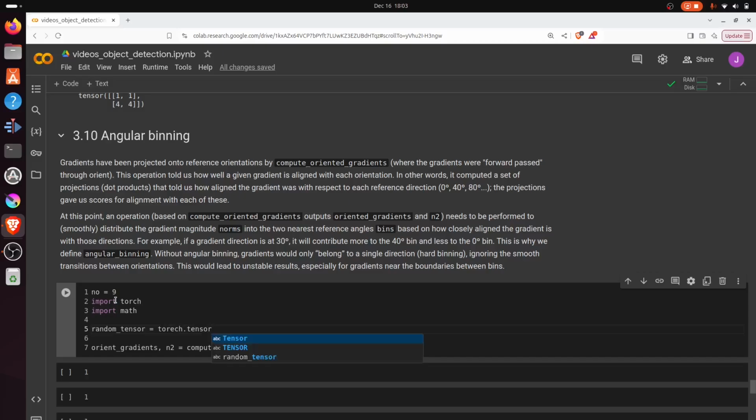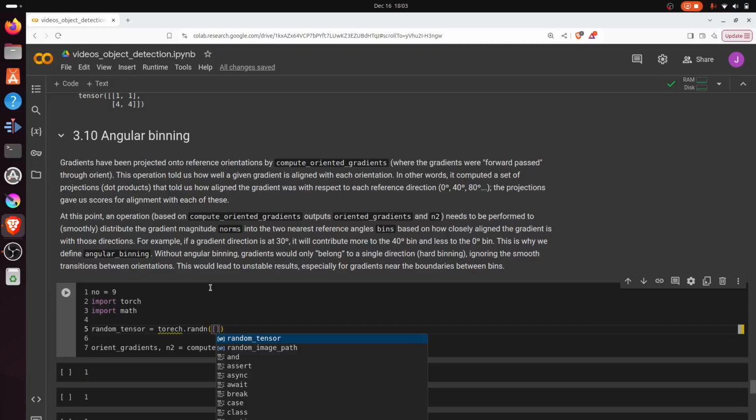We can call torch dot random, and remember that we are dealing with a 4D tensor, and with 3 color channels in this case.